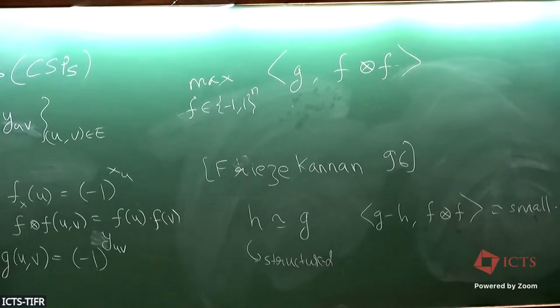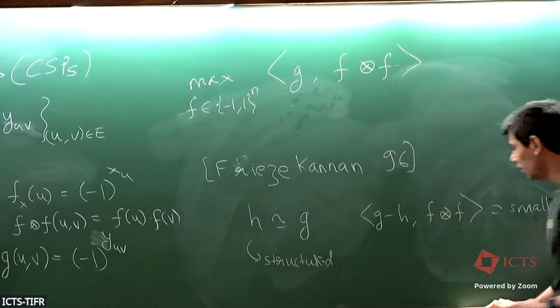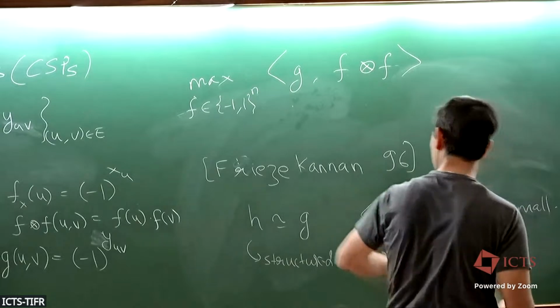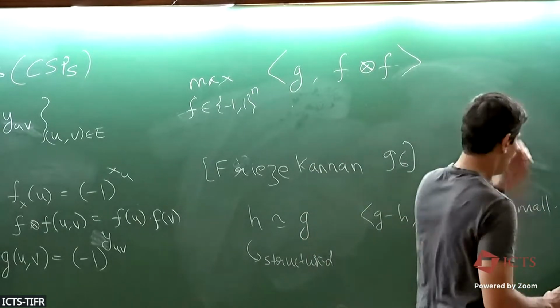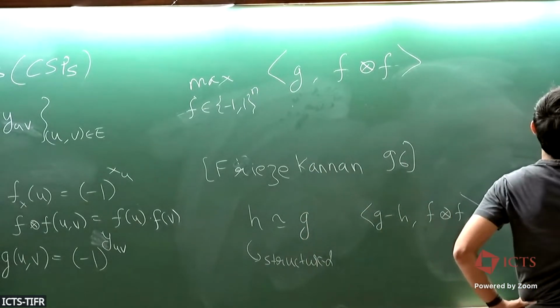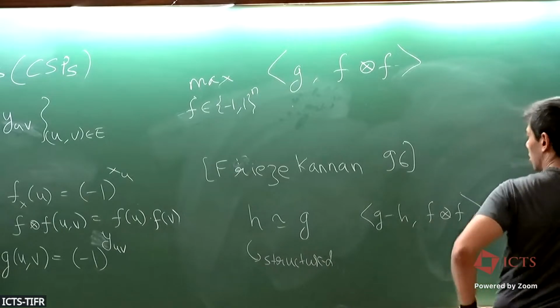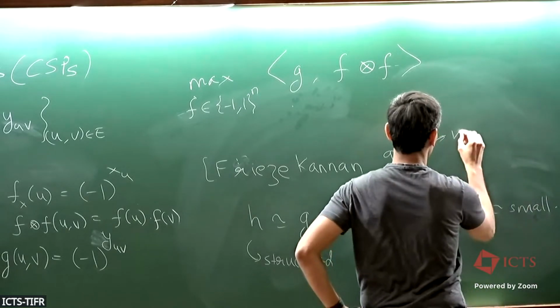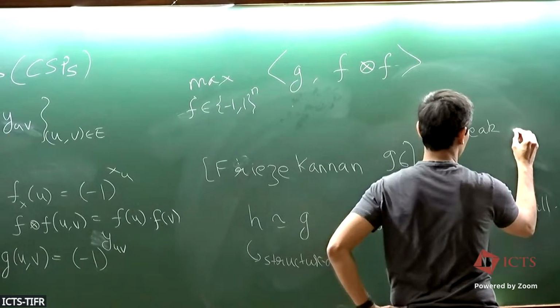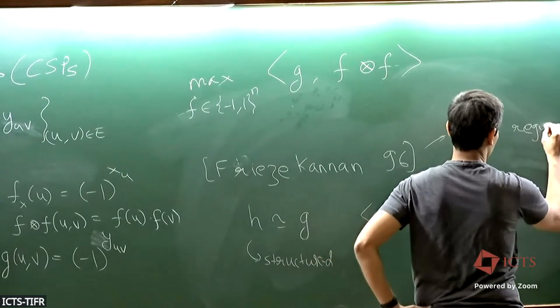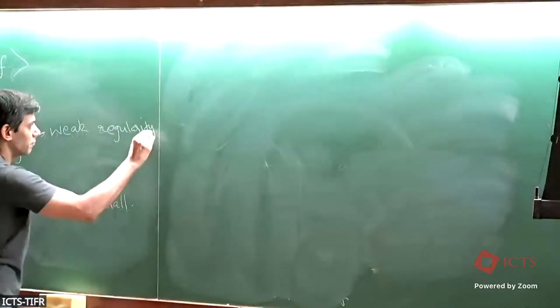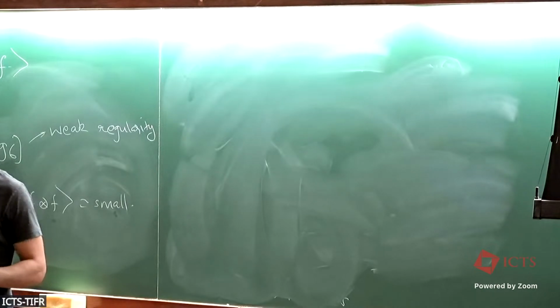So let me write a slightly more abstract version, which I'll prove. And then we'll come back and deduce some statements of this. This is called the weak regularity lemma. By the way, it's not because the lemma is weak.